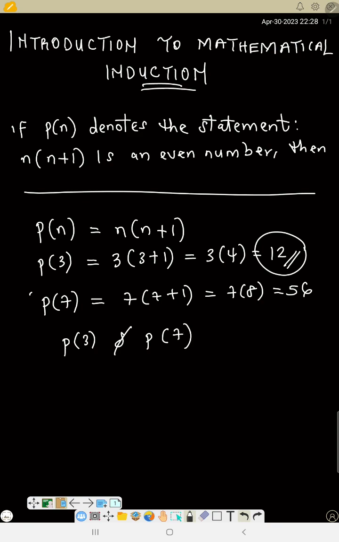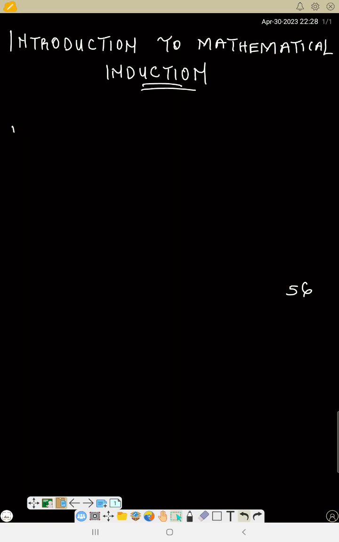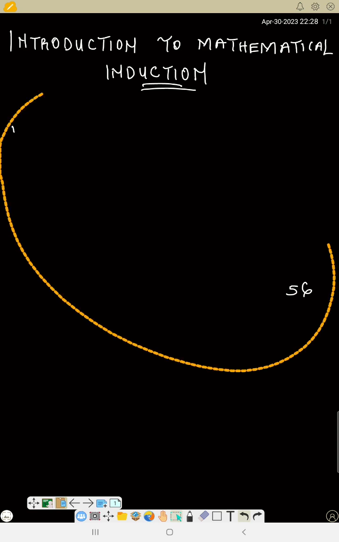So if you test other natural numbers, you will get even numbers. So this is just to test if a statement is true or false. That's what we are doing here now. This is the introduction to mathematical induction, so just testing if a statement is true or false.